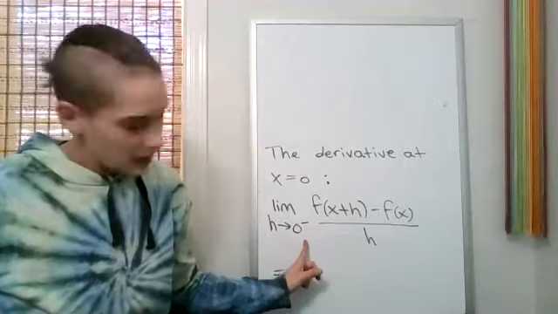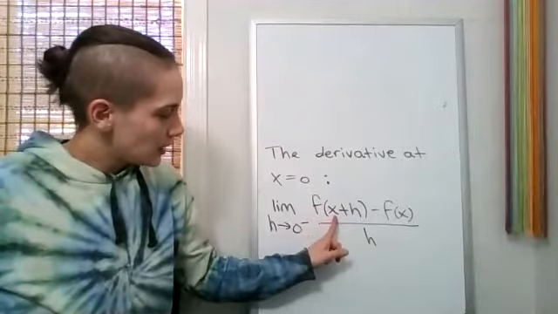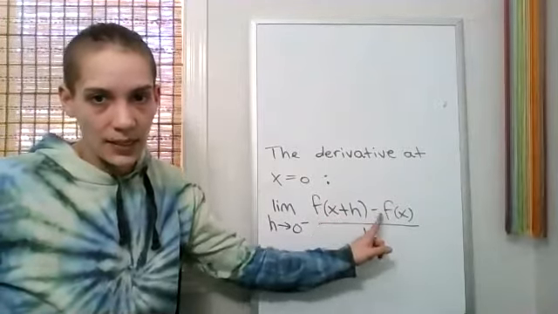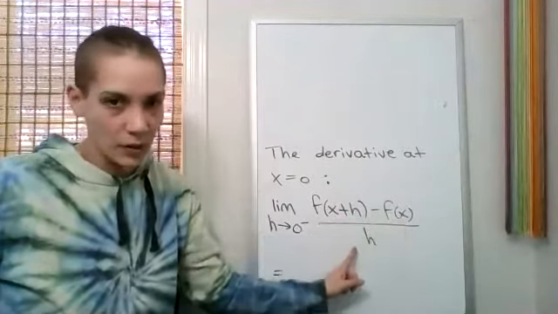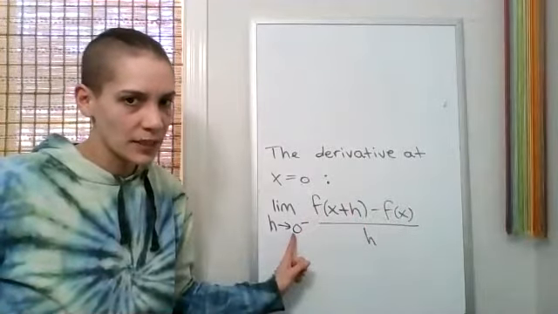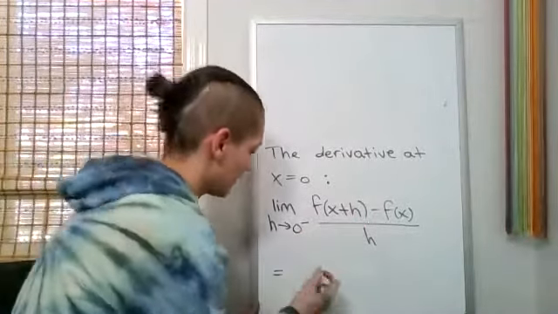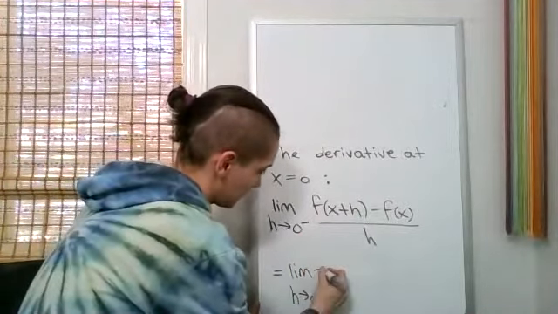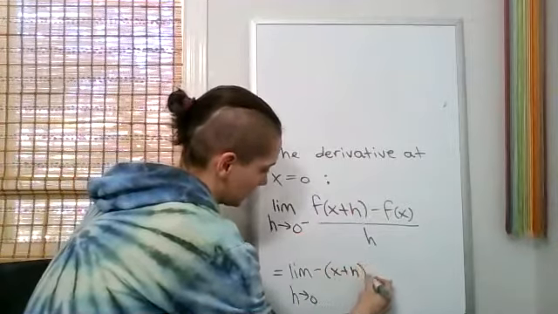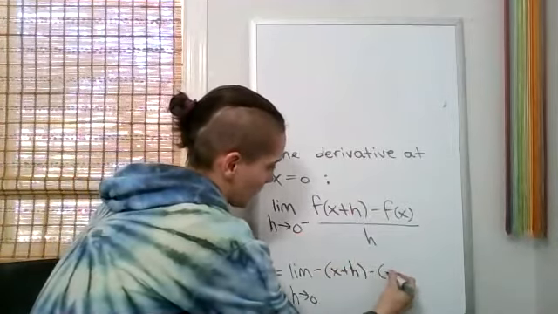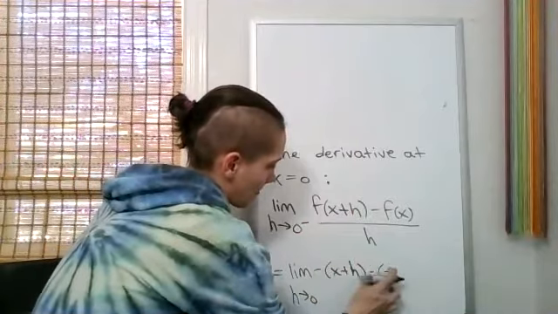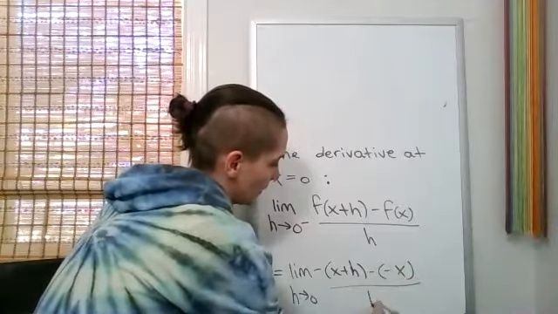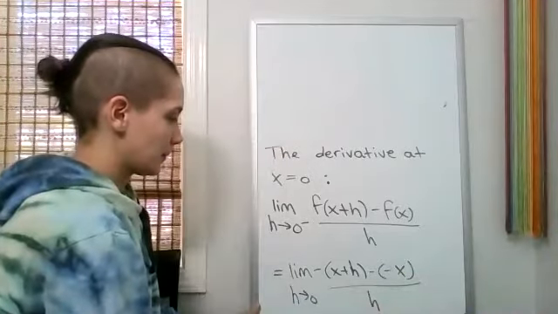And we have this as the negative of x plus h minus a negative x over h, since we're on the left side of 0. Minus negative x over h. Okay.